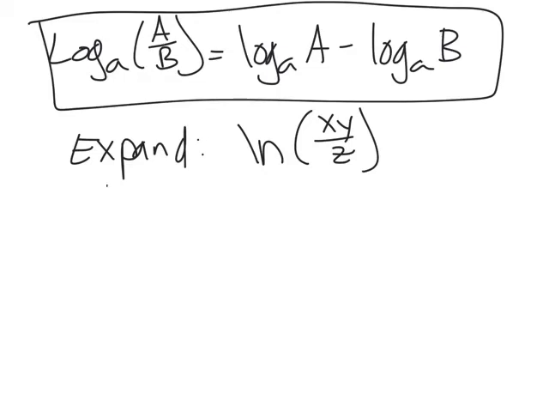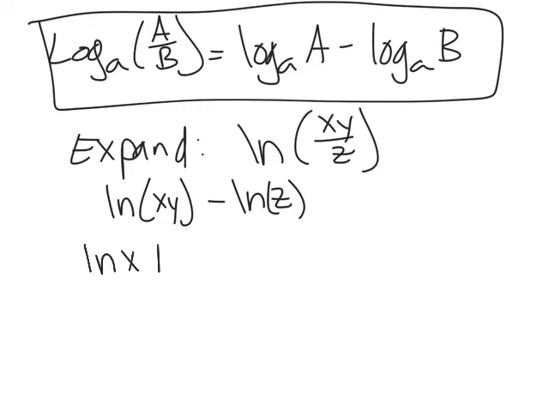So step one is the natural log of x times y minus the natural log of z. Then I can do one more step because this is a product, and that's the first law: the natural log of x plus the natural log of y minus the natural log of z. That's how you would break that apart.